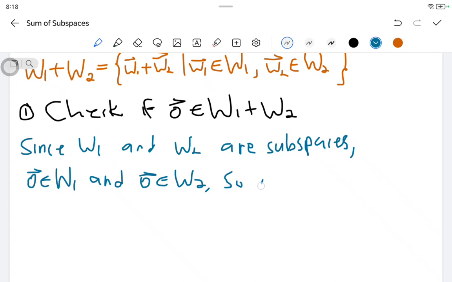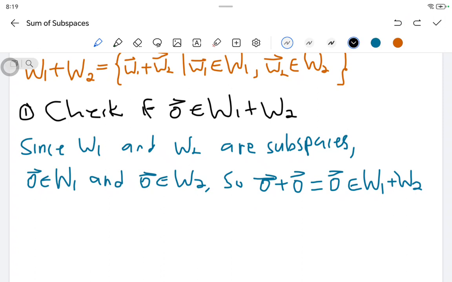So if I take the zero vector plus the zero vector, obviously I'm going to find a zero vector. It means that this is found also in W1 plus W2. So we found that a zero vector is found there.